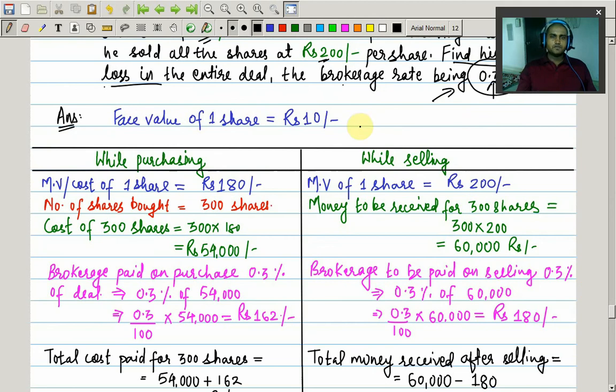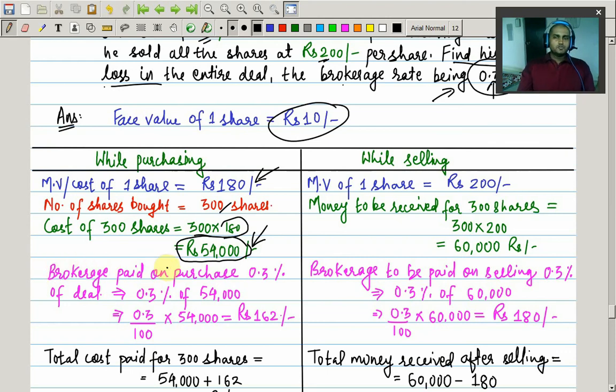So the face value is rupees 10. In this question they have given face value as 10. Now while purchasing, the market value of one share is rupees 180, and the number of shares bought is 300. So what is the cost I am supposed to pay to buy 300 shares? 300 into 180, 54,000. This is the total amount I am supposed to pay, but there is a brokerage. Either you can apply brokerage on one share or on the complete transaction.